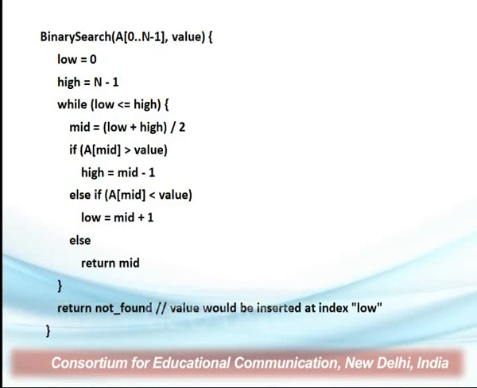So either we will change our high index to mid minus 1 if we need to look in the first half, or we will change our low to mid plus 1 if we need to look in the right half, else we will return mid.